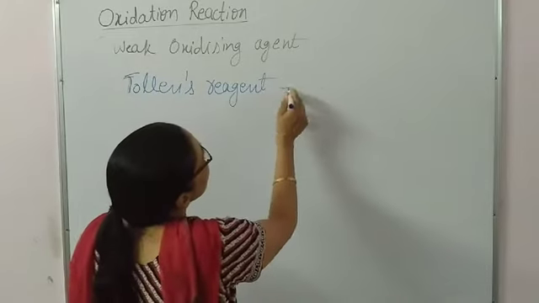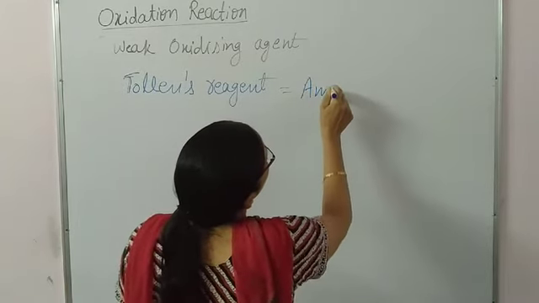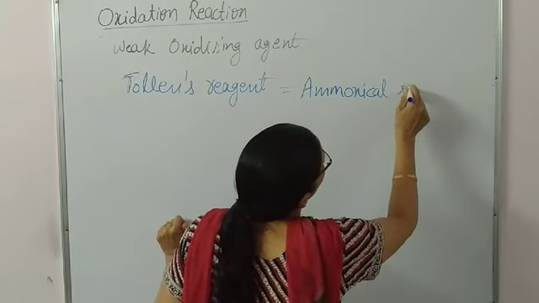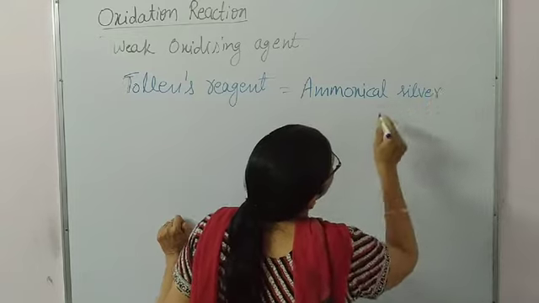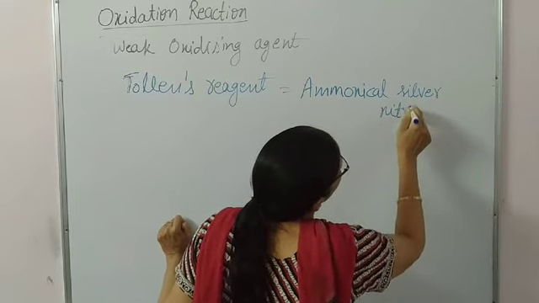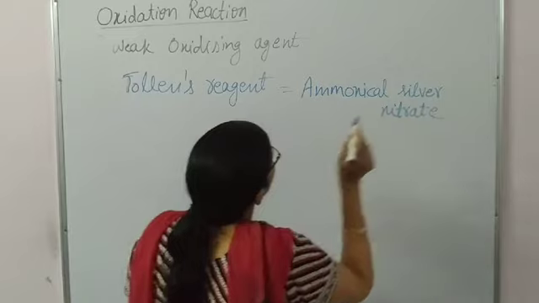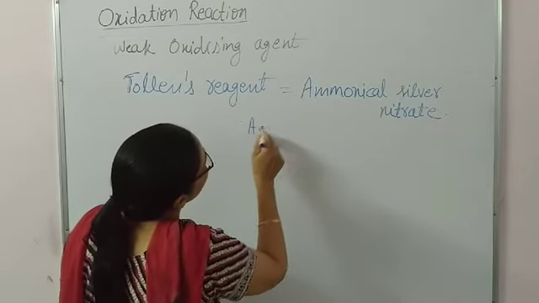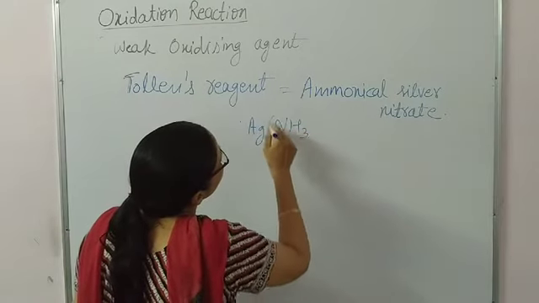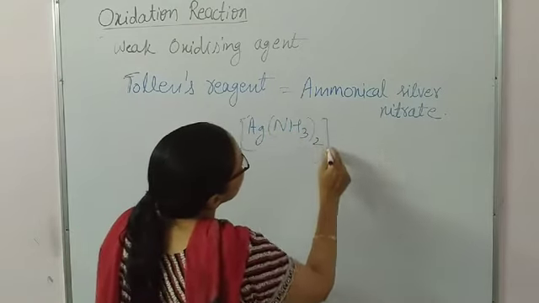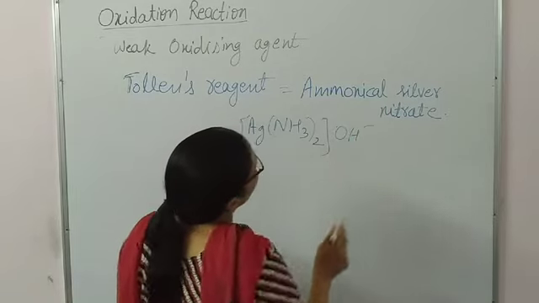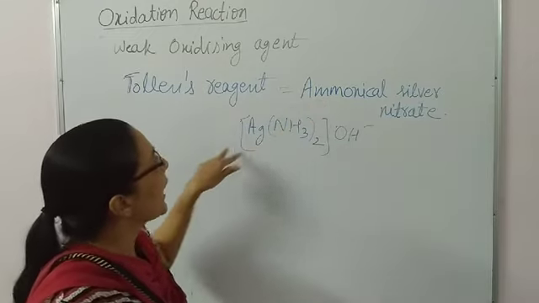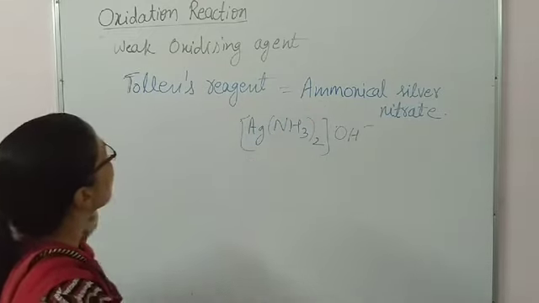So Tollens reagent, that is ammoniacal silver nitrate. Its formula is diamminesilver, [Ag(NH3)2]+ OH-. When silver nitrate and ammonium hydroxide react, this will form, which is known as Tollens reagent.